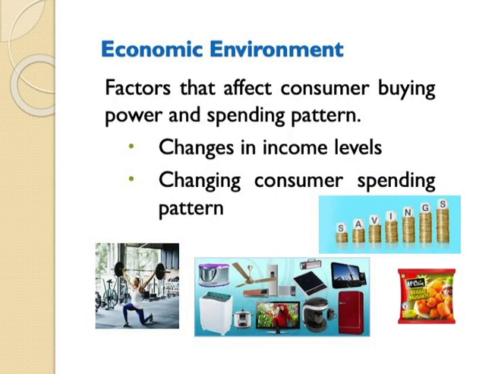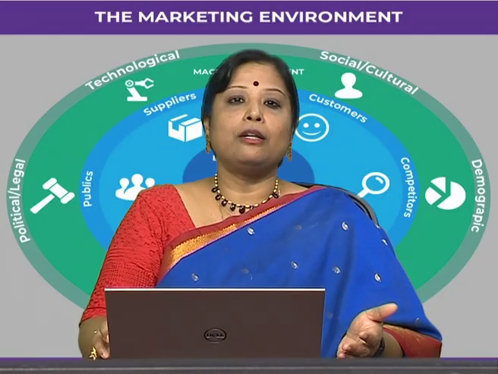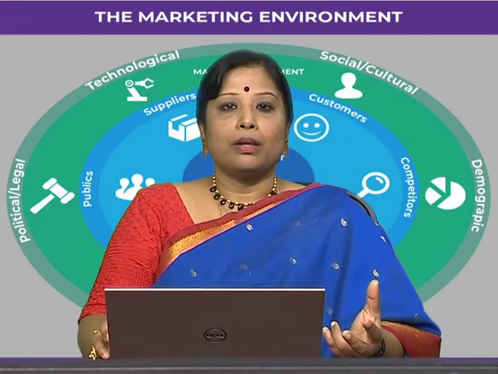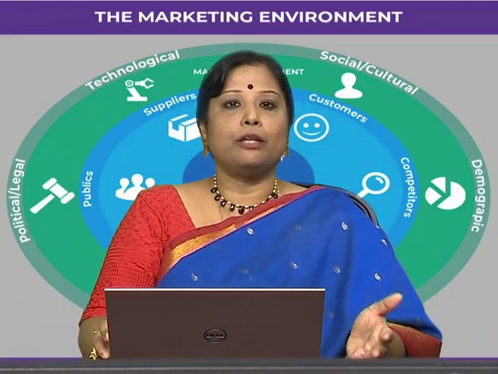The second, economic environmental factors, are factors that affect consumer buying power and spending pattern. My dear students, if you have observed, there are a lot of changes in income level and changes in consumer spending pattern. For example, there is a lot of demand for fast foods or instant food, where you have 2 minutes Maggi noodles, and there is a lot of demand for gyms also.